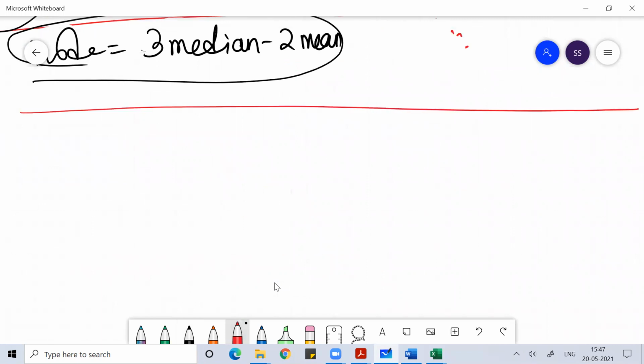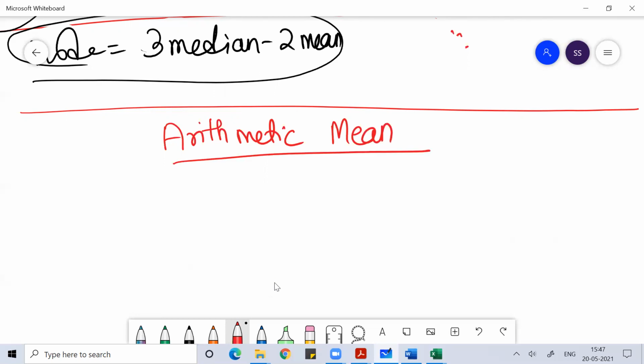So when we say mean or arithmetic mean, if I give you some raw data, then the value of arithmetic mean, we represent arithmetic mean by this symbol.